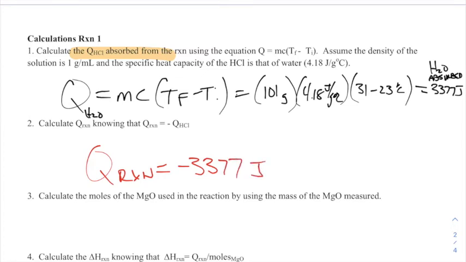All right, now part 3 says calculate the moles of the magnesium oxide used in the reaction by using the mass. We're assuming that the magnesium oxide is the limiting reagent, and I could prove it, but I don't feel like it. So if you want to go through and prove that the magnesium oxide is the limiting reagent, you can. Otherwise, just trust me that the magnesium oxide is the limiting reagent. So because it's the limiting reagent, we're going to have 1.0 grams of the magnesium oxide at 1 mole per 40.3 grams.